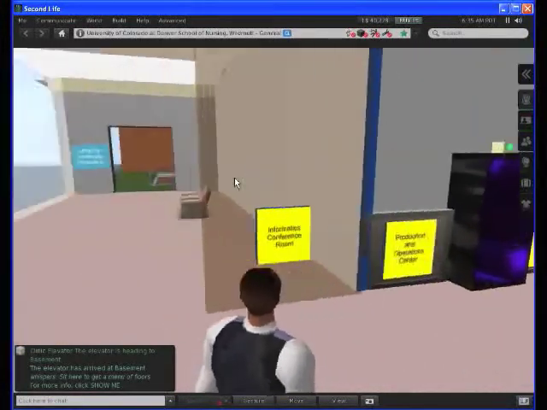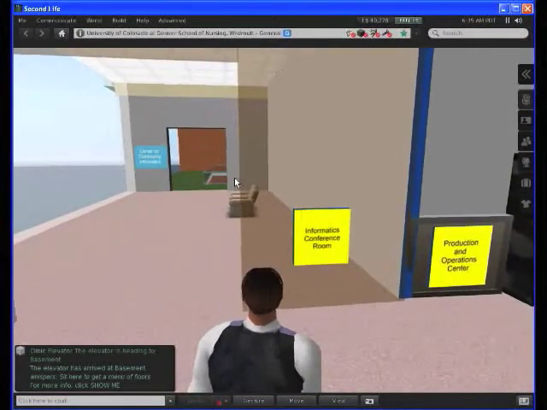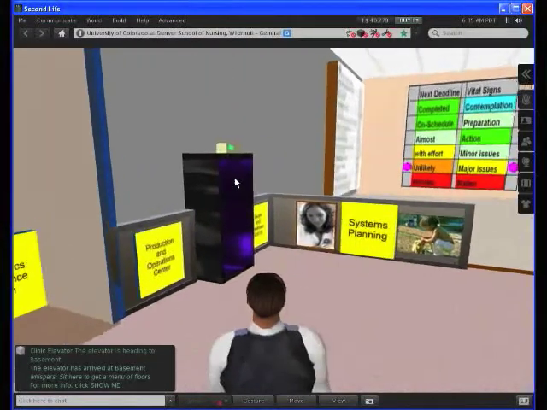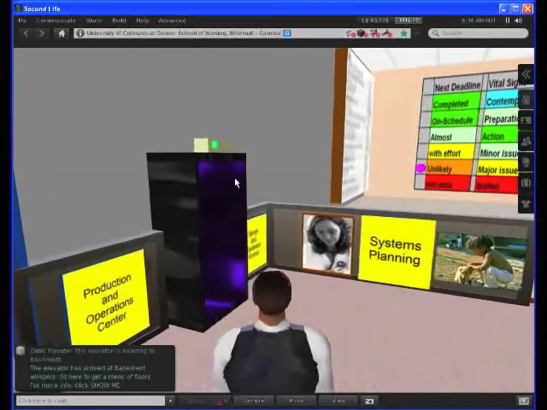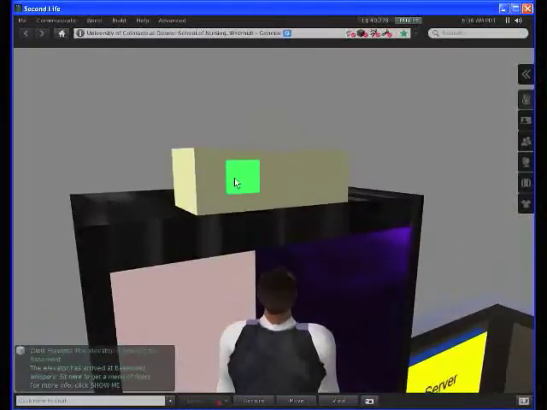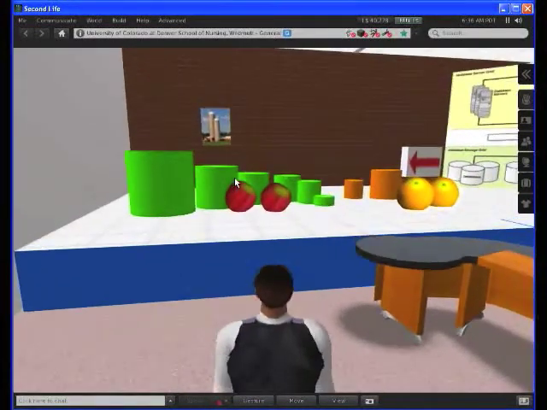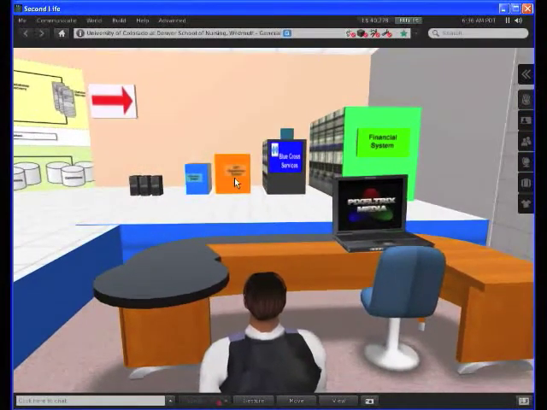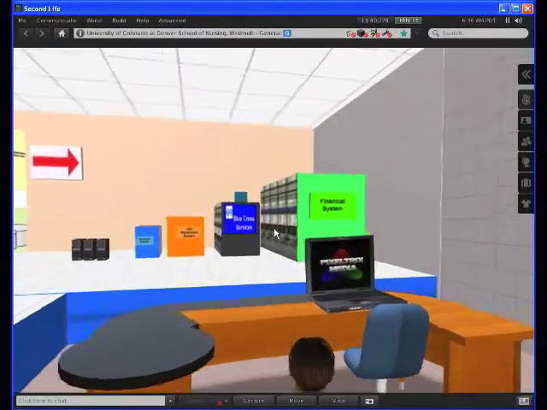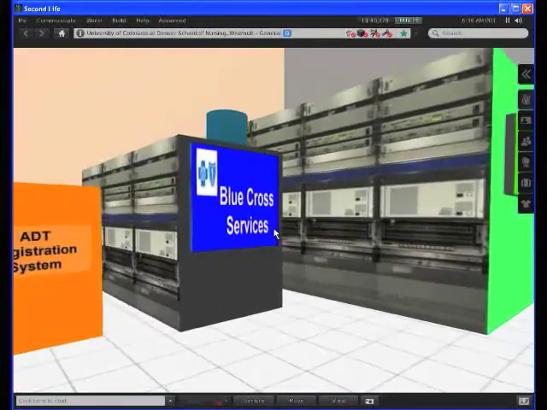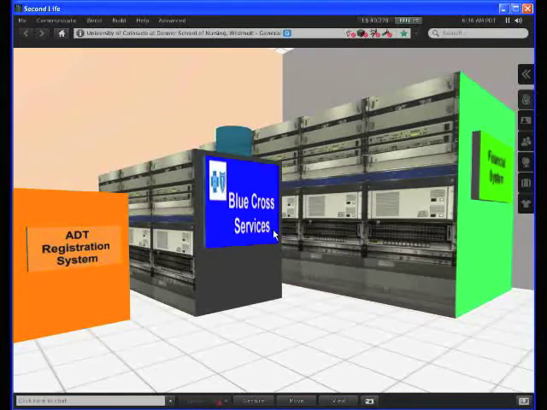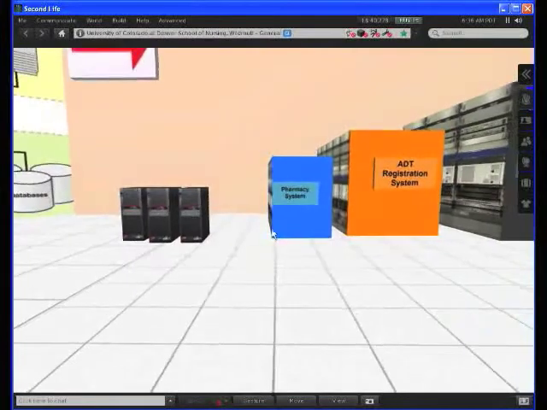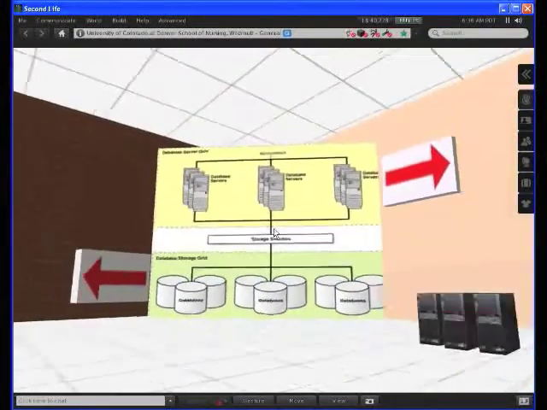After the conference room is an area labeled Production and Operations Center. And that's an attempt to illustrate some of the server and database issues, a place to discuss them. Okay, there's a diagram on the wall that I'm going to zoom in on. We have over on the right some illustrative server racks, the size of the server rack corresponding to how many transactions one has in the large financial system.